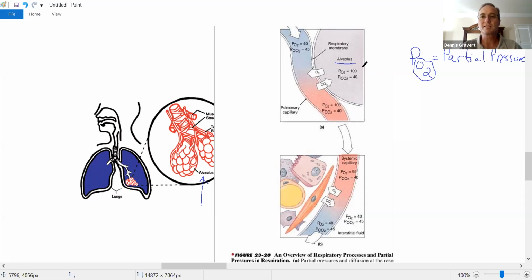Well, by the time it gets down to the lungs, it's 100, I think the units are torr here. 100 torr partial pressure oxygen. The carbon dioxide is 40 torr. So in the air sac, the amount of oxygen corresponds to 100 torr of pressure. Carbon dioxide is 40 torr.